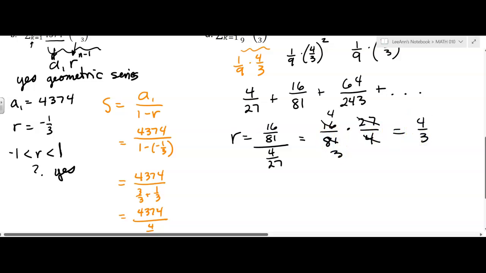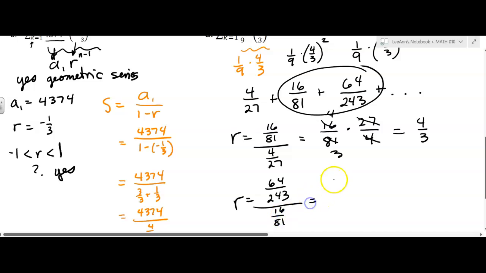Now, you probably suspected that. We said we think it's geometric and it looks like the ratio is going to be 4/3, but we're just double checking. So now take these two terms, just to double check. 64 over 243 divided by 16 over 81, which is going to be 64 over 243 times 81 over 16. And that's going to be 4/3.